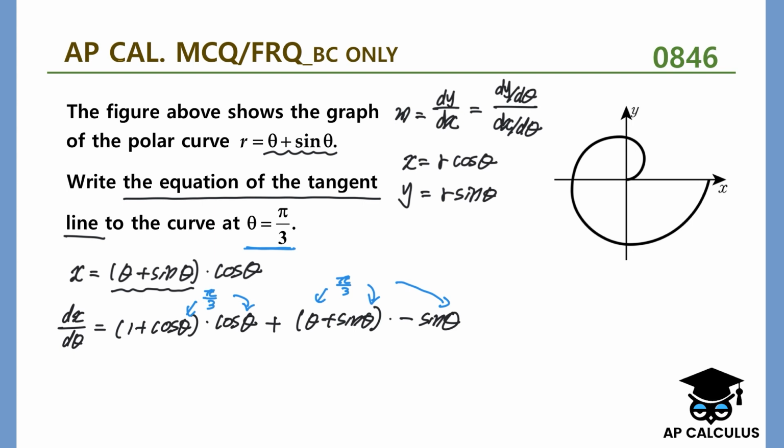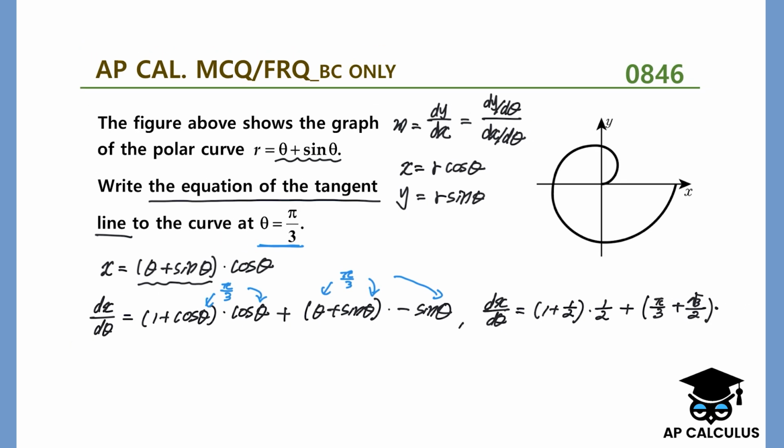Then dx/dθ is equal to 1 plus cos π/3. That's 1 plus 1/2, times cos π/3, that's 1/2, plus π/3 plus sin π/3, that's root 3 over 2, times the negative sin π/3, negative root 3 over 2.